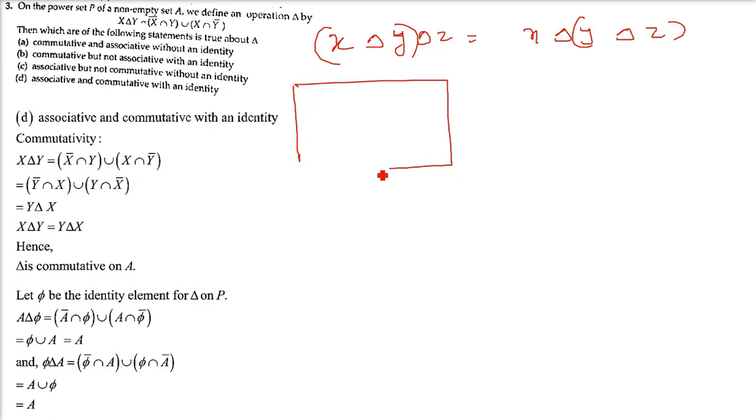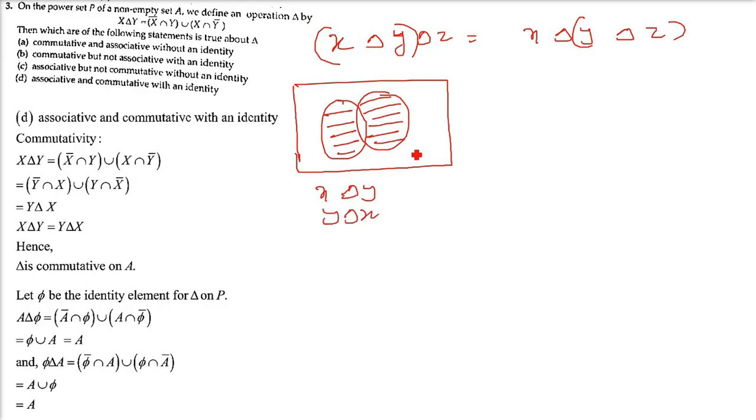Better is to make, because this is a set, power set P of non-empty set A. If I make X and Y as these two sets, so X complement intersection Y is what? That is, whichever thing is not in X, just intersect it with Y, so this will be the area. Now whichever thing is not in Y, intersect it with X. What do you get? X and Y. So X and Y and X, when you intersect, this is the result. So from this commutative also you can show.